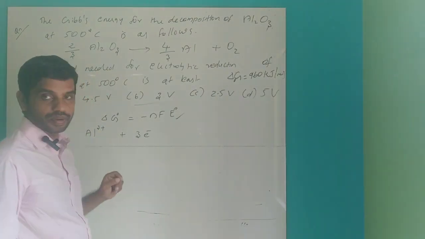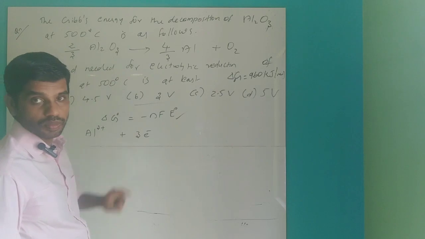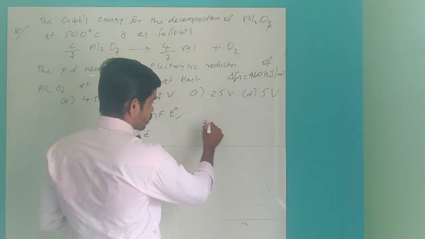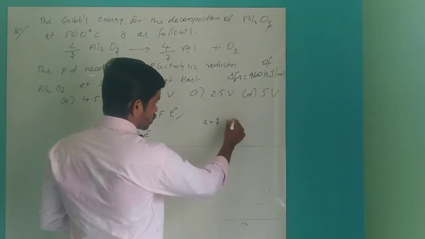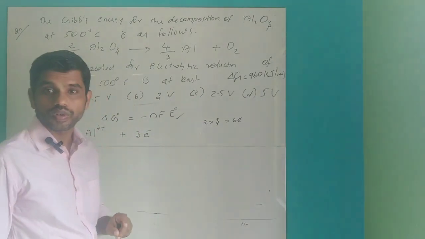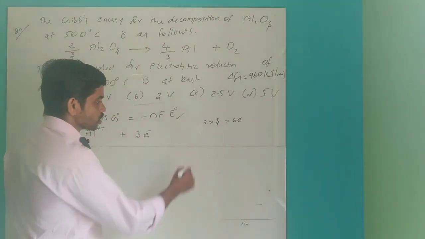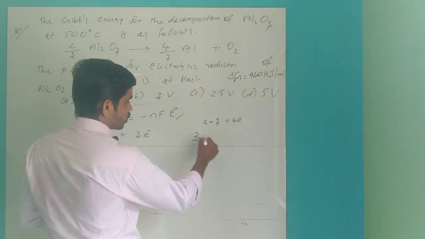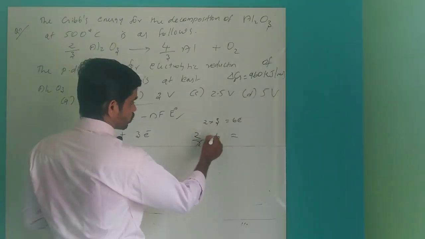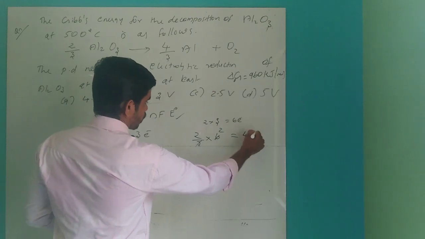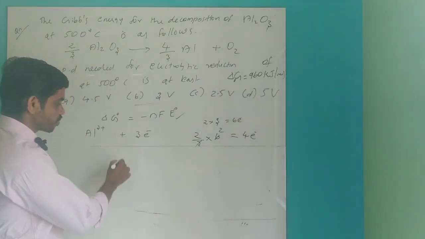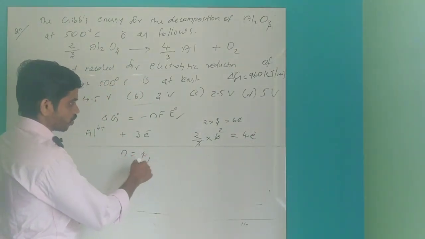Here there are 2 aluminum atoms, so 2 into 3 is 6 electrons are needed for 2 aluminum. Here it is 2 by 3 moles, so 2 by 3 into 6 is 4 electrons. So n is equal to 4.